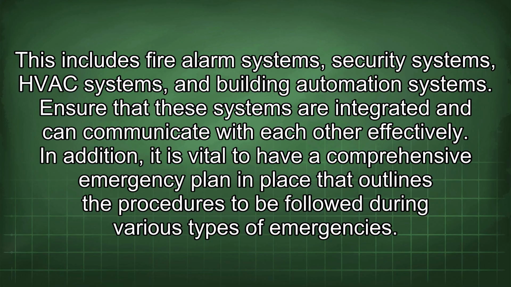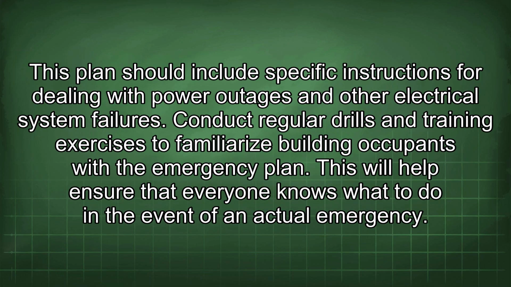In addition, it is vital to have a comprehensive emergency plan in place that outlines the procedures to be followed during various types of emergencies. This plan should include specific instructions for dealing with power outages and other electrical system failures. Conduct regular drills and training exercises to familiarize building occupants with the emergency plan. This will help ensure that everyone knows what to do in the event of an actual emergency.